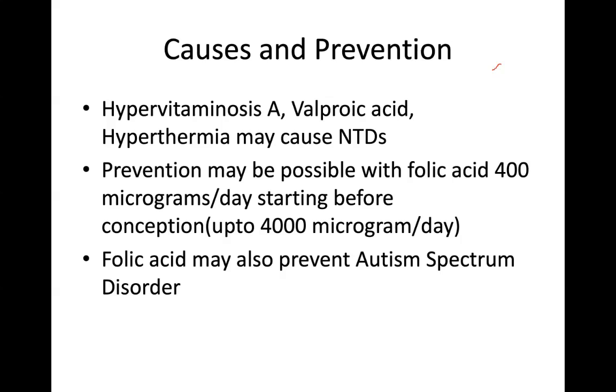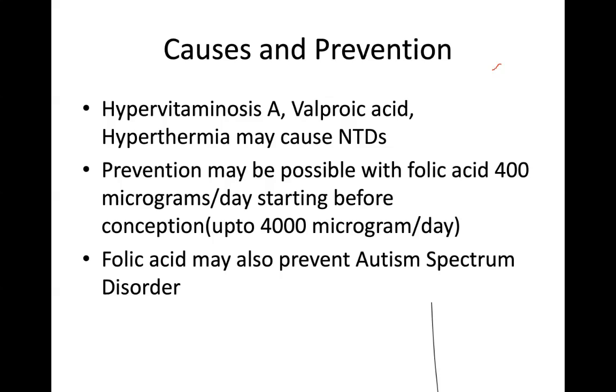And if she has a history of delivering a baby with neural tube defects, in subsequent pregnancies this dose can be taken up to 4,000 micrograms per day. So a very good way to prevent neural tube defects is to advise the young woman who's planning to have a baby to start taking folic acid supplement.